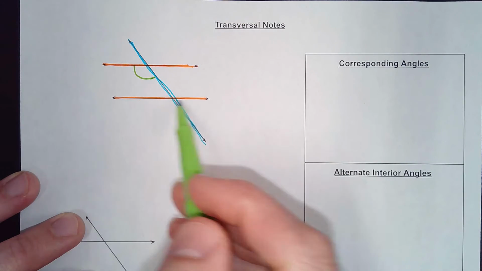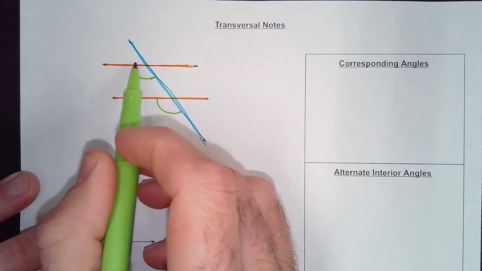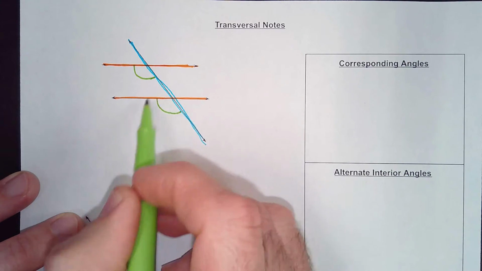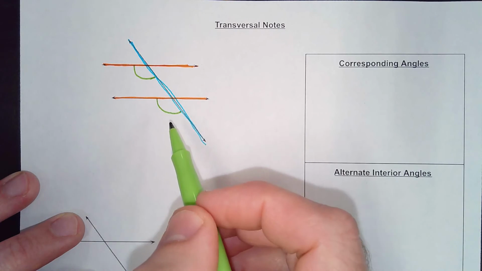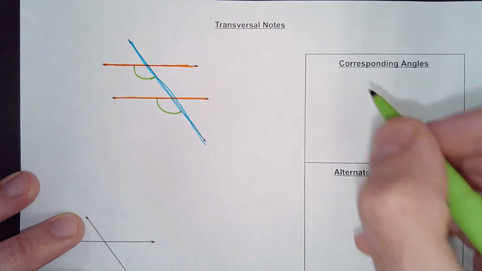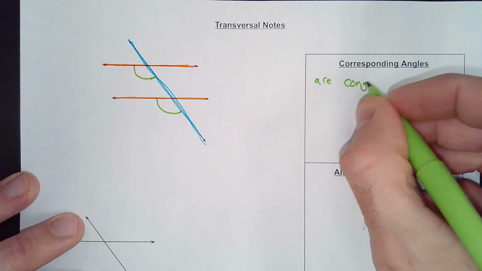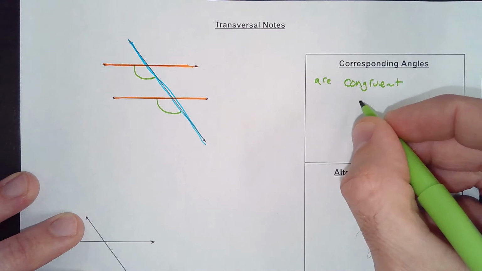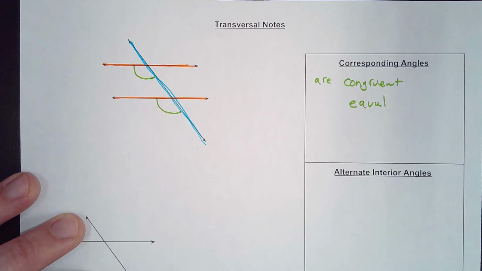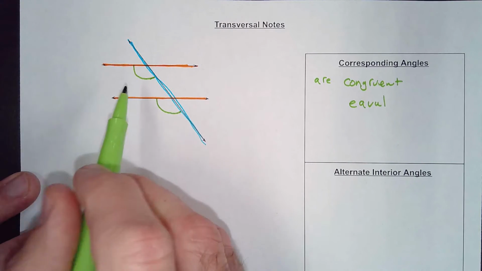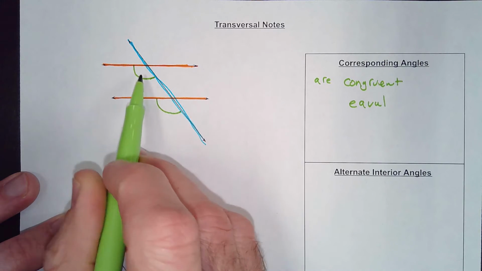If I look at this orange line, the corresponding location is this lower left-hand spot. So those are called corresponding angles, and corresponding angles are congruent, which also means equal. Corresponding means they have the same location. So these two are the same.